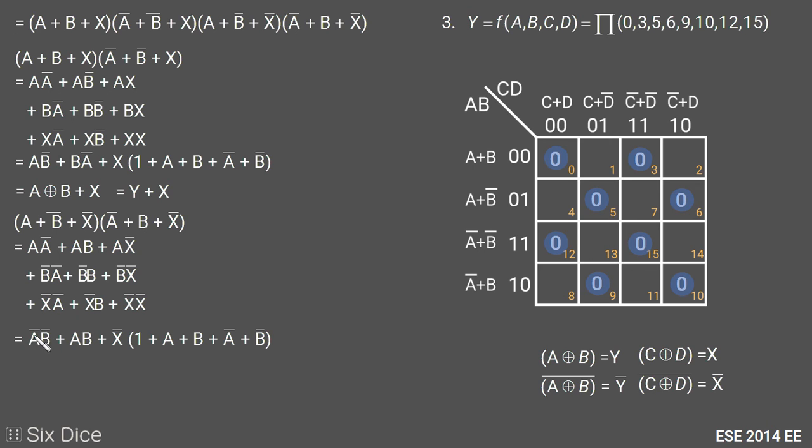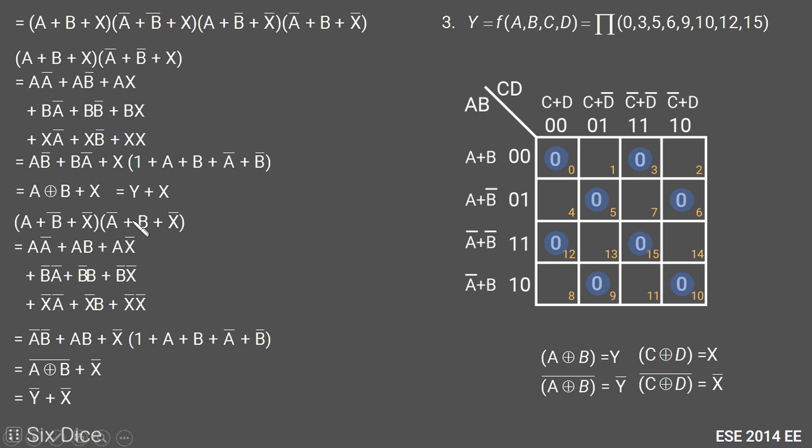So we will end up with a bar b bar plus ab plus x bar, and 1 plus all the common terms here, 1 plus anything in Boolean algebra will become only 1. So we will end up with x bar here for this term. So a bar b bar plus ab will become a XNOR b, or a XOR b complement. So here we have y bar. If we put a XOR b as y here, we will get y bar plus x bar.